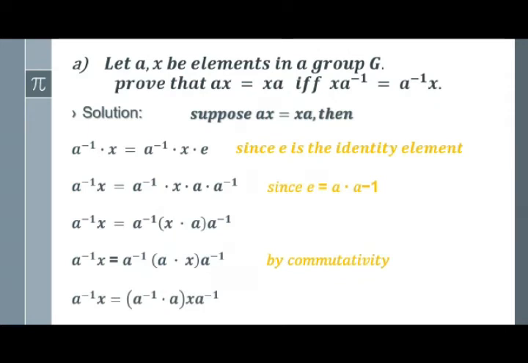Then we have A inverse times X is equal to A inverse times A times X times A inverse. And we have A inverse times X is equal to E times X times A inverse.